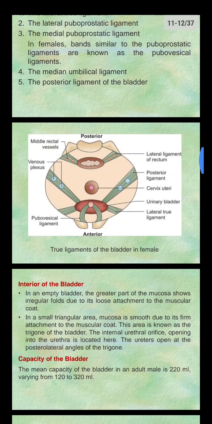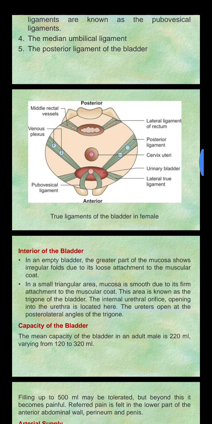The next is the interior of the bladder. So these were the external features. Now if we cut the bladder and see the inside, in an empty bladder the greater part of the mucosa shows irregular folds due to its loose attachment to the muscle coat.